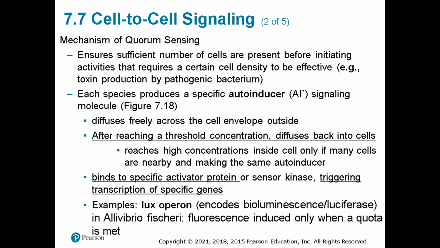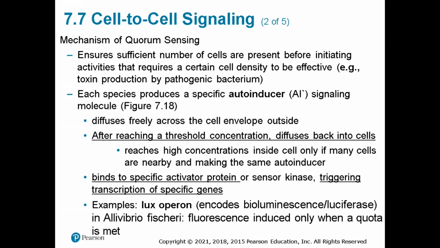production by pathogenic bacteria. Each species produces a specific autoinducer signaling molecule. They diffuse freely across the cell envelope to the outside. After reaching a threshold concentration, they diffuse right back into the cells. They reach high concentrations inside the cells only if many cells are nearby and make the same autoinducer.